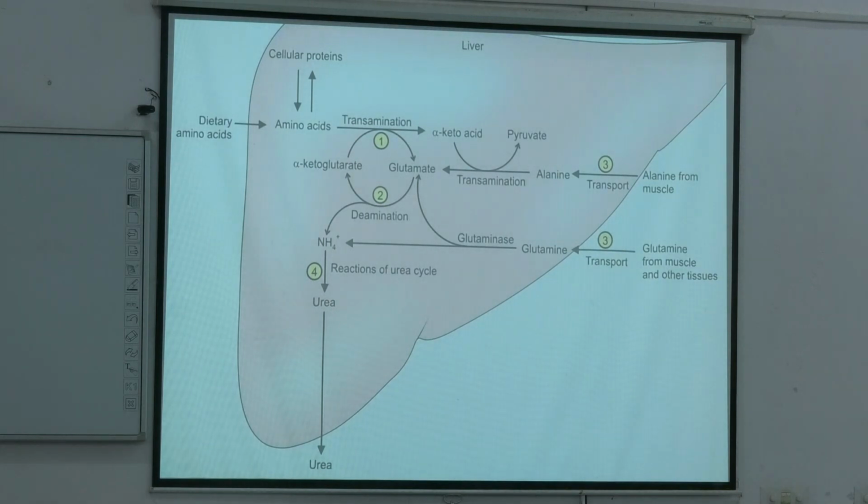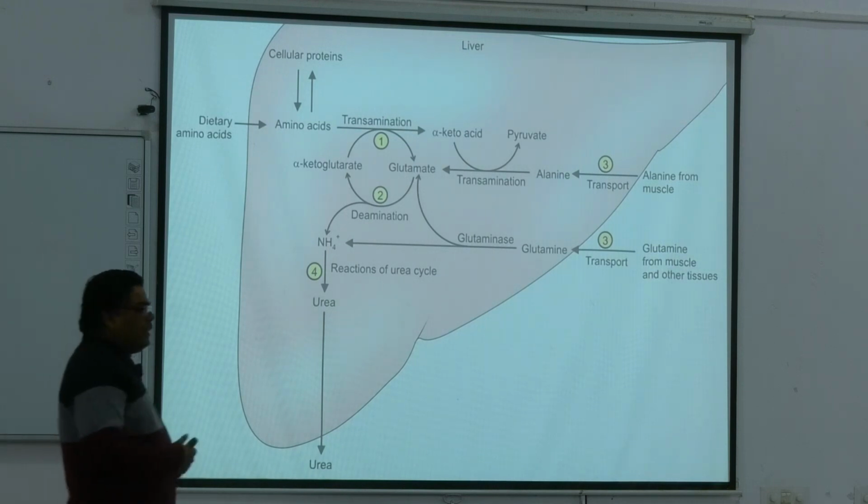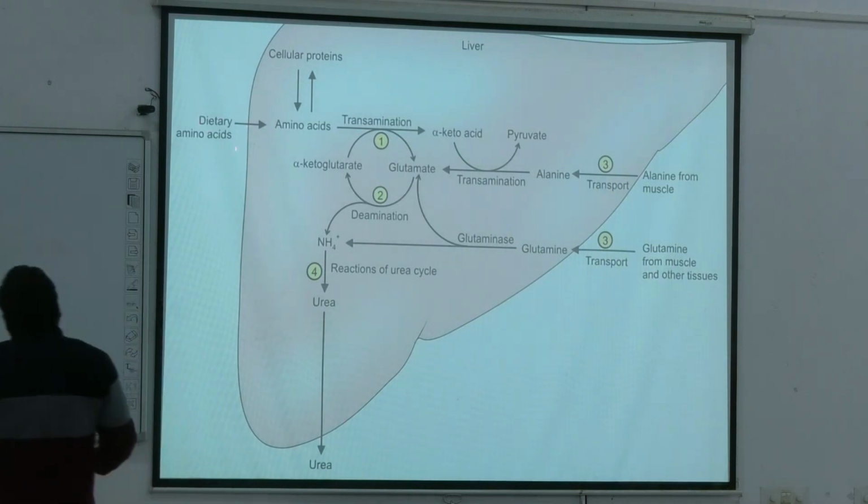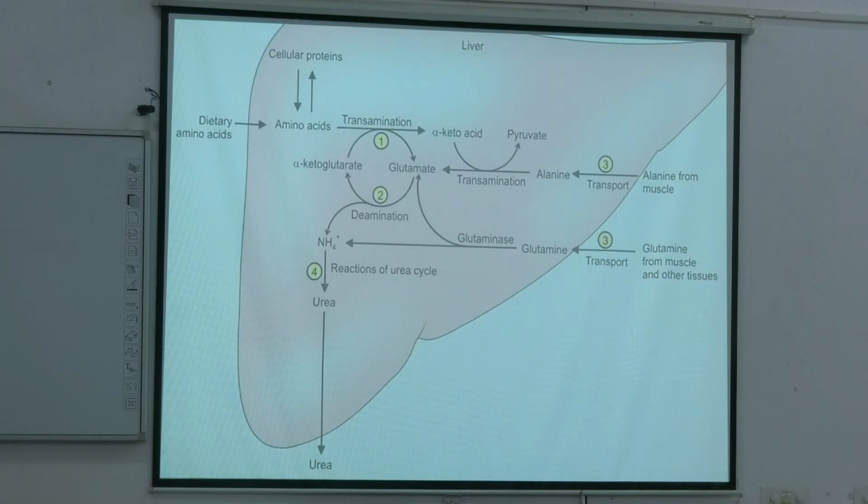And this is the overview of the catabolism of amino acids. We take protein directly in our diet, and protein is what? It is a long chain of amino acids which contain polypeptides, okay. And these amino acids further go for the transamination reaction, formation of alpha keto acid, and which forms pyruvate directly, okay.